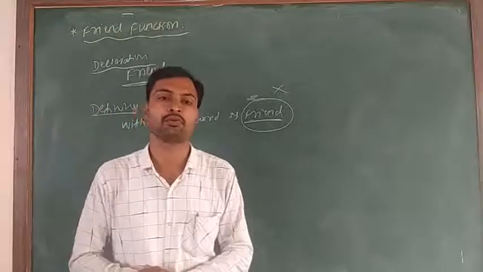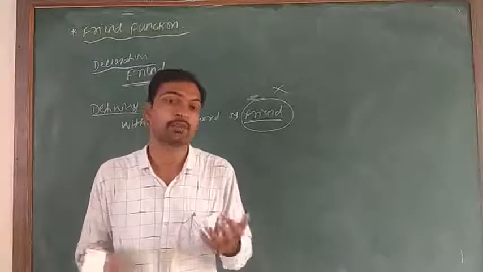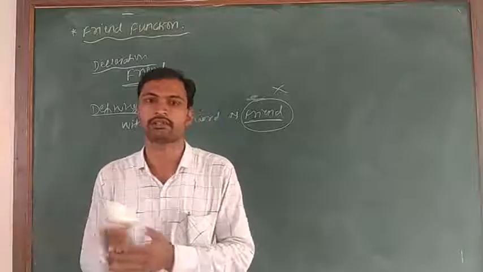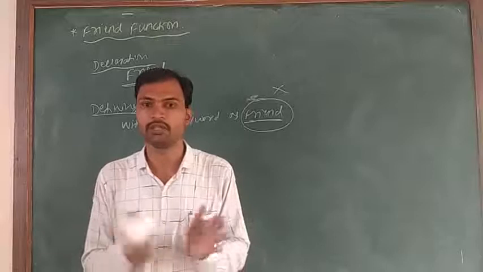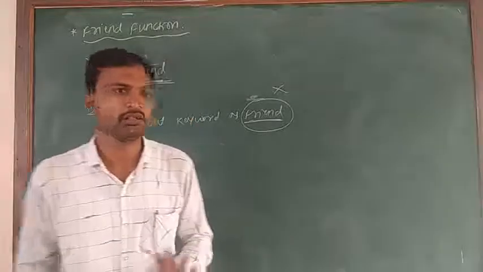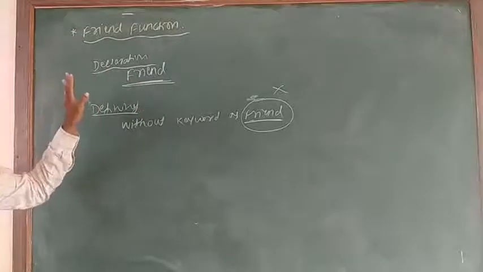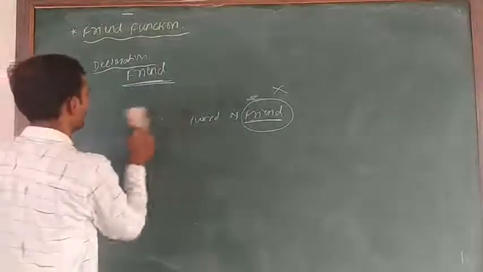In that case also we use the friend function, because only using the friend function can we share the common code among the classes. Got it? Now see the syntax of the friend function.